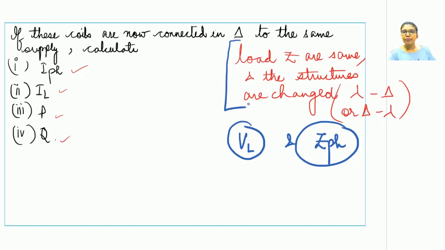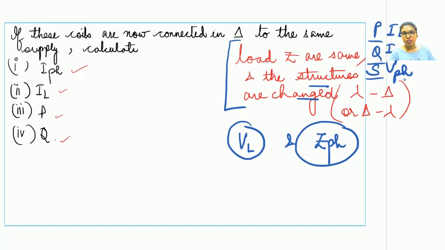What is the reason? Upon changing the structure, the powers do get changed. By power, one refers to P, Q and S. So if these values change with a change in structure, that is with a change in delta to star or star to delta, the parameters like IL, I phase, V phase, they cannot remain same.